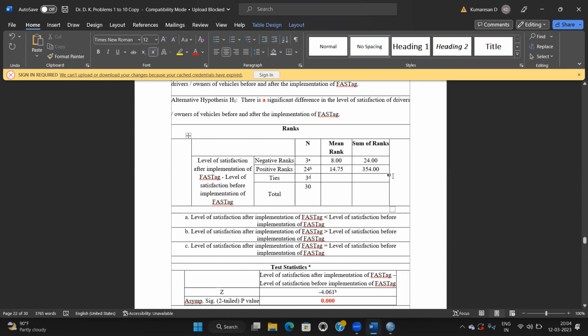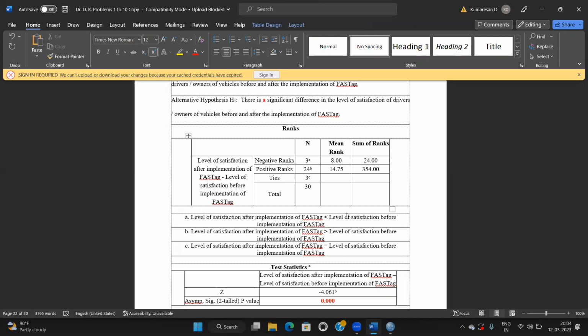That means, once again, you come to the description. Negative rank means satisfaction after implementation is less than satisfaction before implementation.